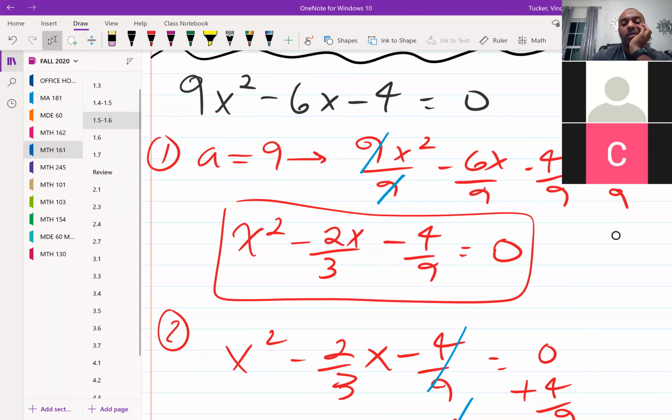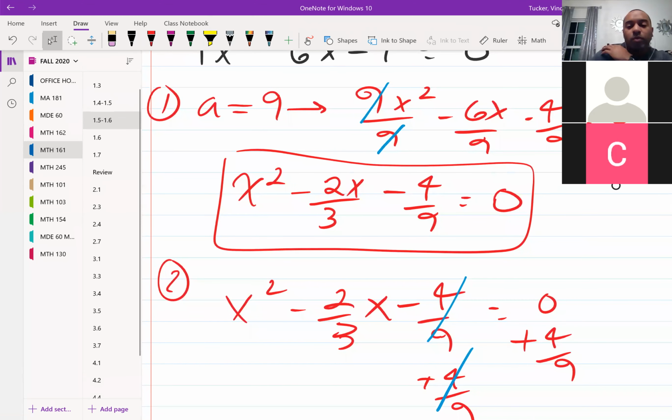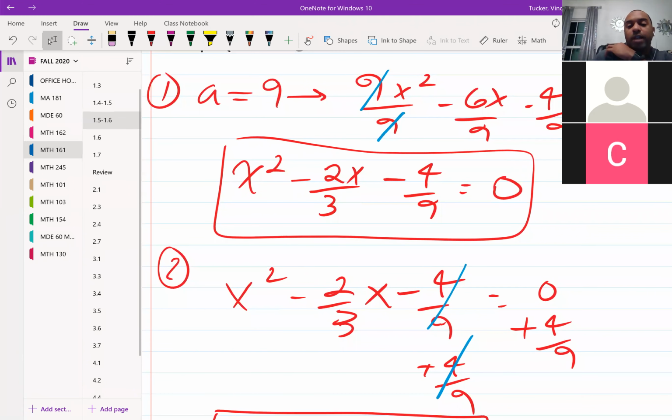All right. Now we want to take our constant to the other side. So we have x squared minus 2/3 x minus 4/9 equal to 0. We add 4/9 to both sides.